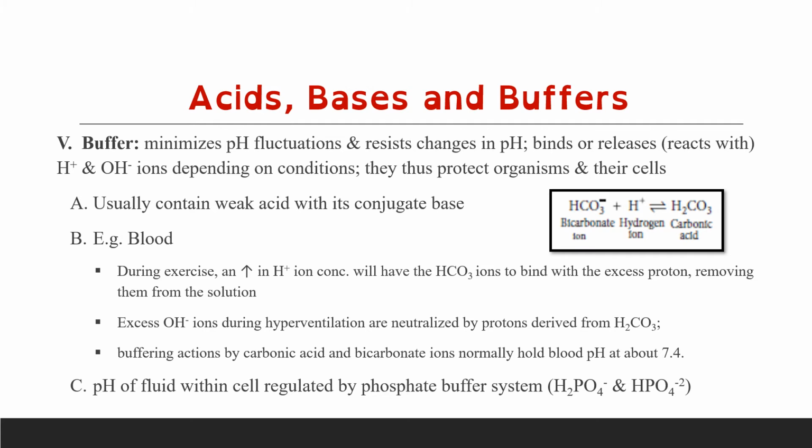And then, when there's an excess of hydroxide ions during hyperventilation, they are neutralized by protons derived from your carbonic acid. Hence, buffering actions by the carbonic acid and bicarbonate ions normally hold blood pH at about 7.4. So you see how a buffer works to maintain homeostasis. These two ions are very, very important when it comes to regulating the pH of the blood.